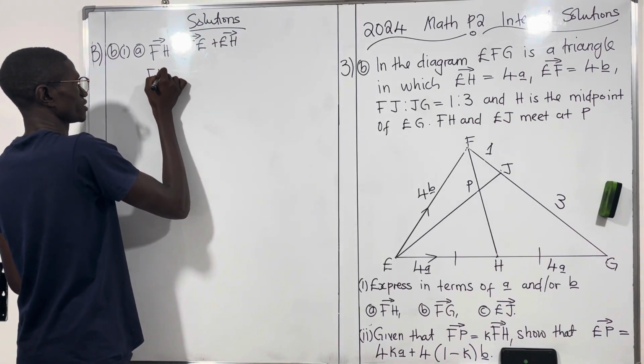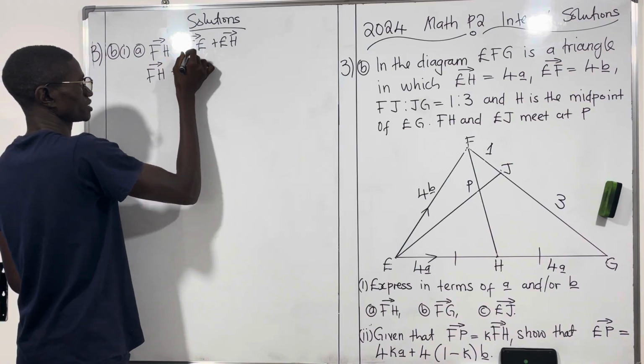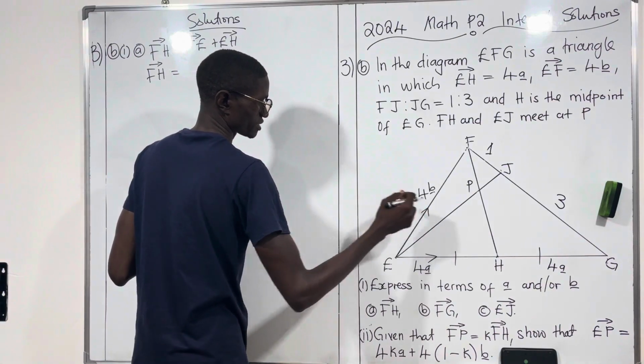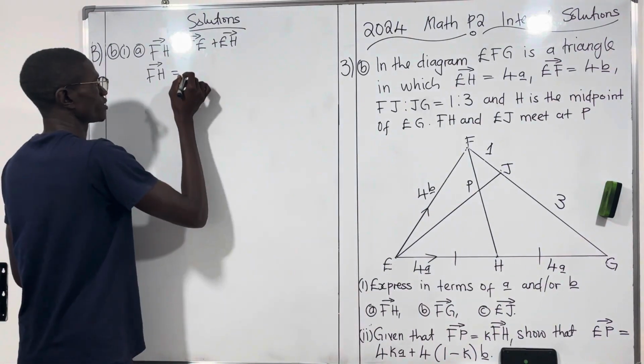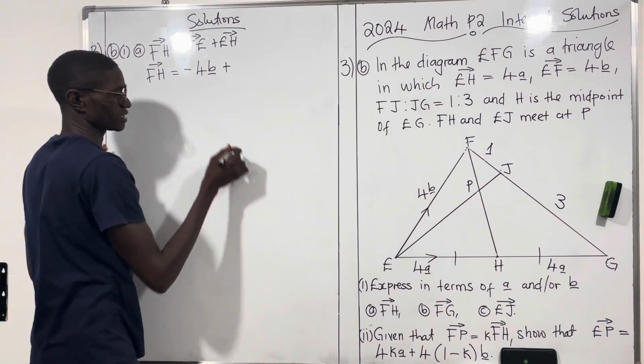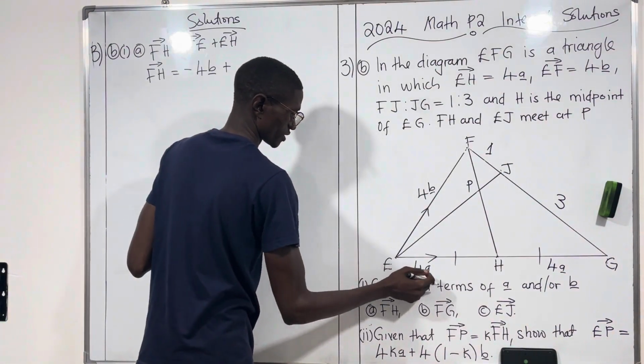So FH is therefore going to be, what is FE? FE is this vector here, and we're going against the direction, so it's going to be negative 4 vector B, plus, what is EH? EH is 4 vector A.